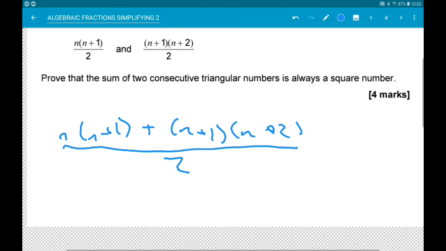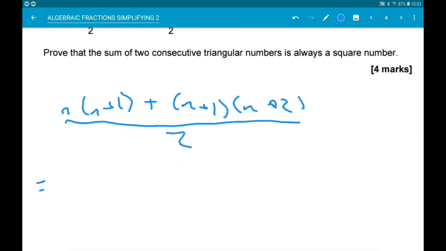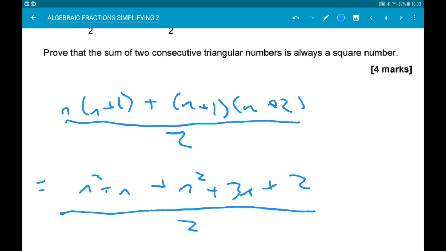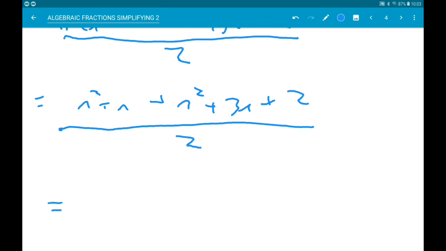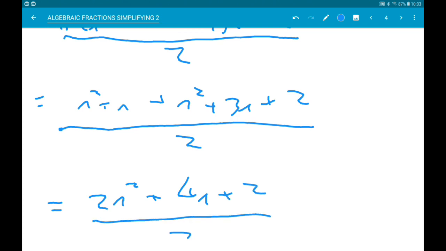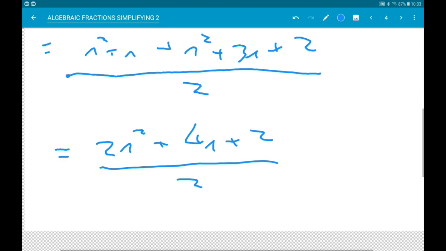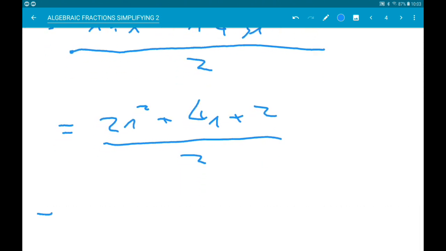Now if we expand brackets, we get n squared plus n, plus n squared plus 3n plus 2, all over 2. Now that is going to give us 2n squared plus 4n plus 2 all over 2. Luckily everything there has a common factor of 2, so we can divide through by 2.